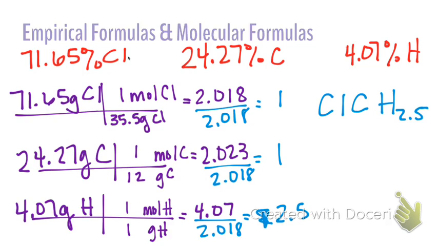So I have to get this one to a whole number, which means I have to go and multiply the whole thing by 2. So it would be Cl2, C2H5, right? Because we can't have partials. That's how you have to do. You have to multiply the whole thing to get it to a whole number. We don't just round up to a 3.